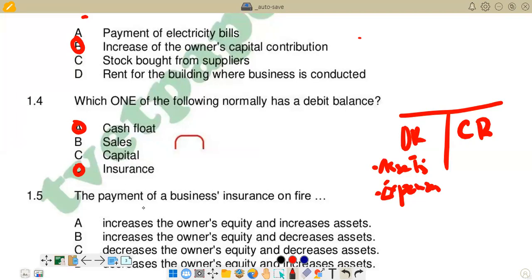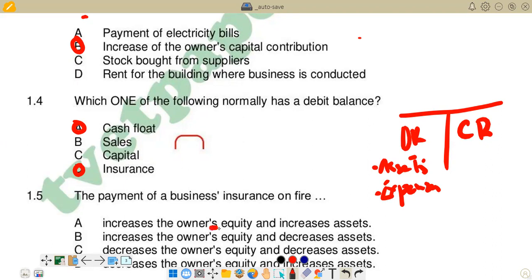Then we go to 1.5, the payment of a business insurance on fire. On the payment of a business insurance on fire, the responses that we are given there are explaining what happens to owner's equity and what happens to assets.